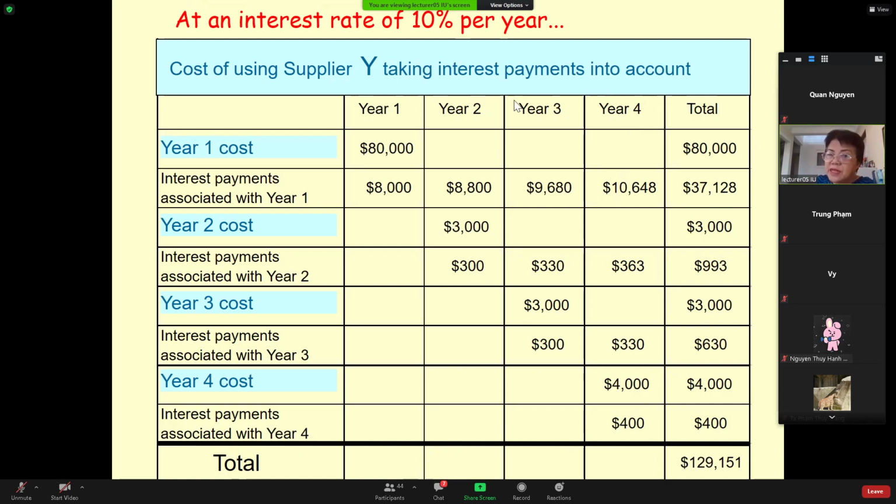You do the same thing, and the total cost you pay for supplier Y is $129,151. Based on that, you consider whether you choose supplier X or supplier Y.